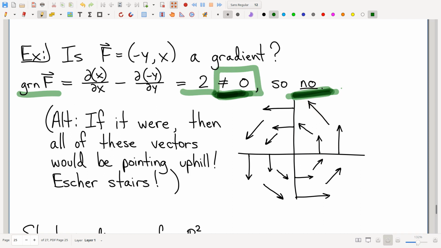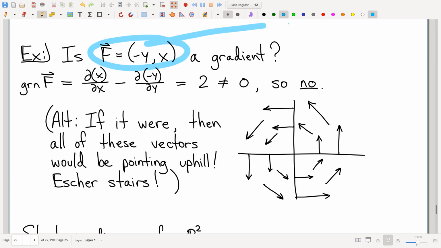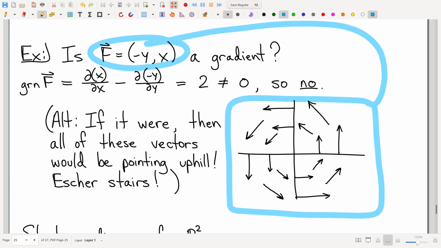Now, I like this second example in particular because this second example is, I'm going to say, the answer is actually pretty relatable. So we can draw a picture of this vector field pretty easily. In fact, we have previously seen this vector field. That's what that vector field looks like. And let's try to visualize a scenario in which this vector field is a gradient. And don't forget, gradient vectors always point uphill, right?